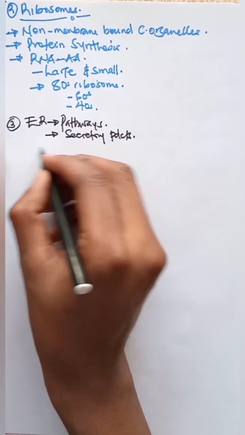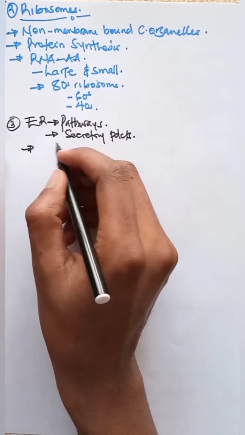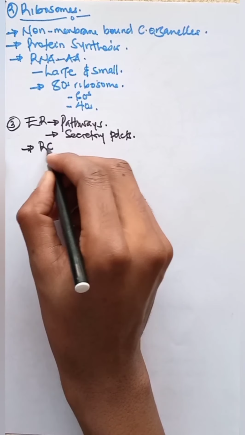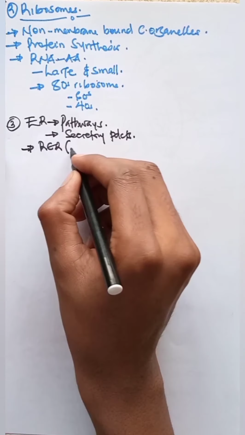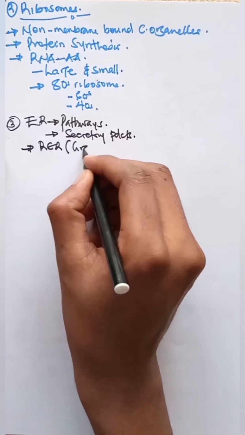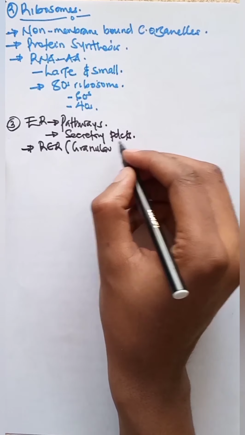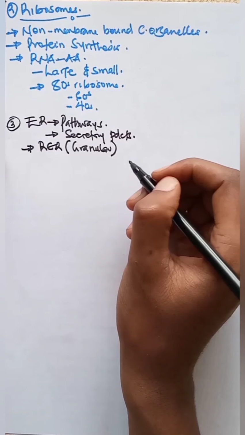And of course, the endoplasmic reticulum is of two kinds. We have the rough endoplasmic reticulum, which you call also the granular endoplasmic reticulum.